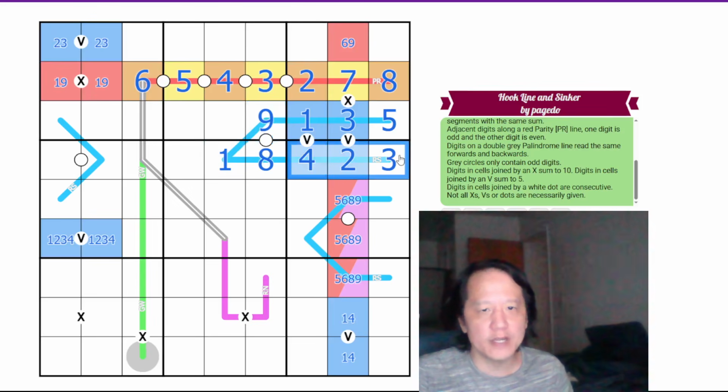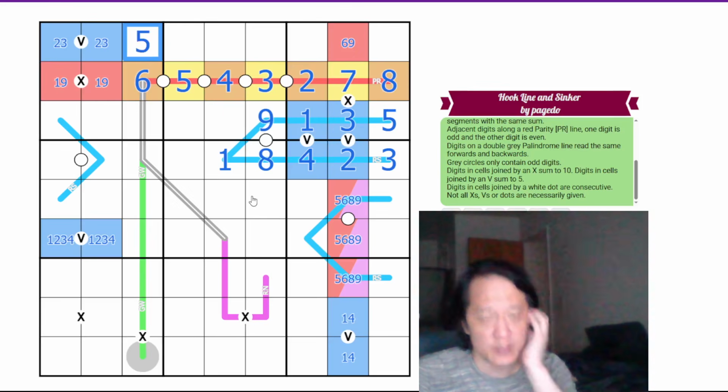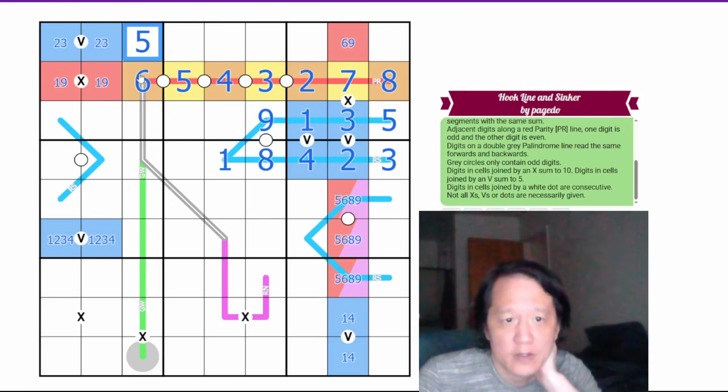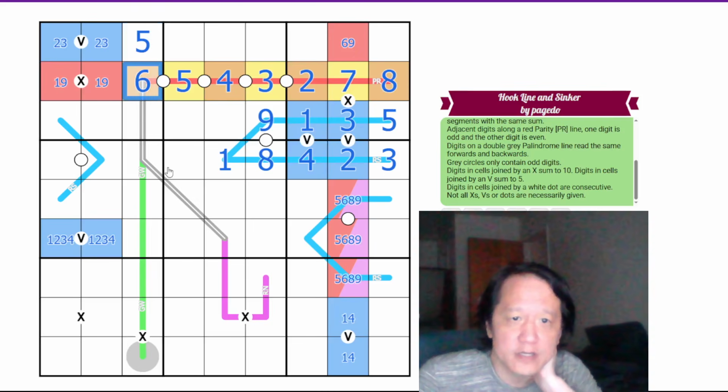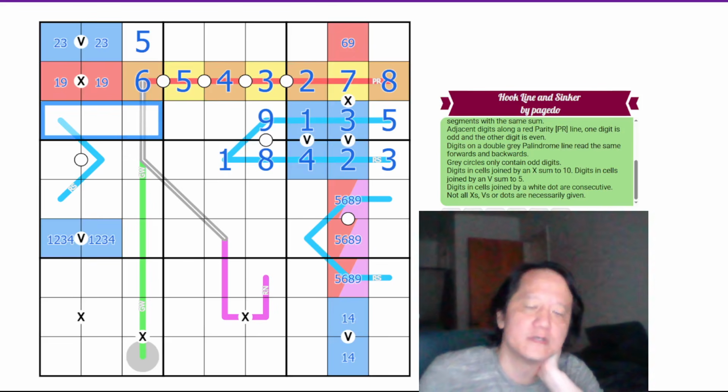So we have 1, 8 adding up to 4, 2, 3, and 1, 3, 5. Where is the 5 remaining in row 1? Cannot be here because the 5's in the box, so 5 has to be there. This is 6. Remaining digits of this upper left-hand box are 4, 7, and 8.